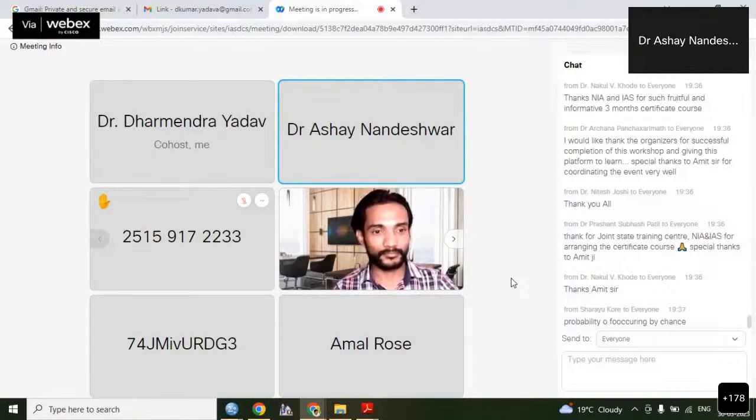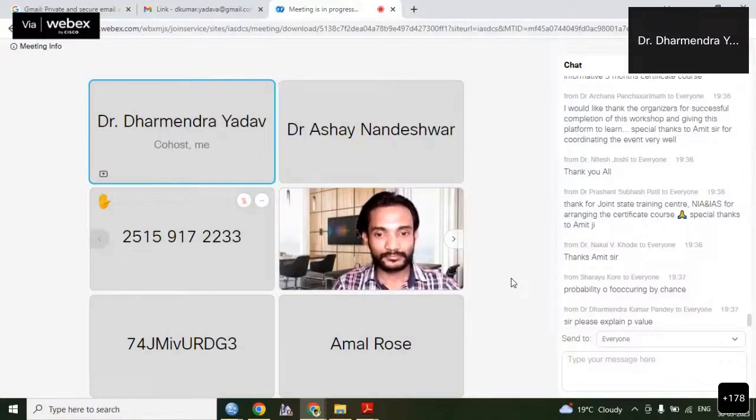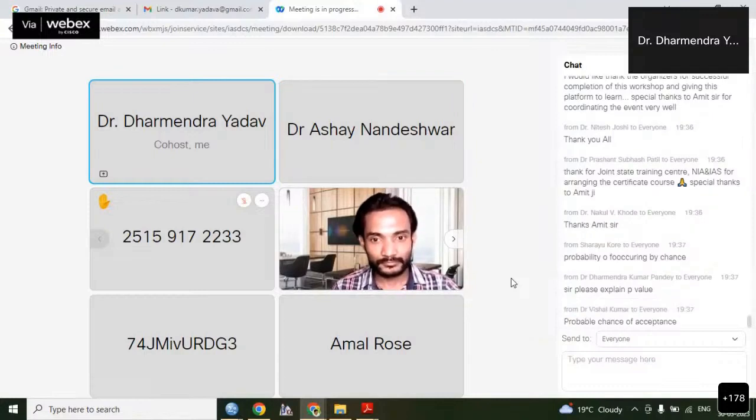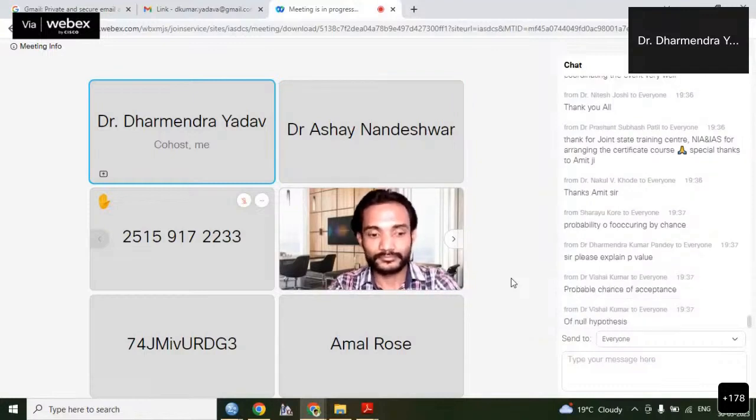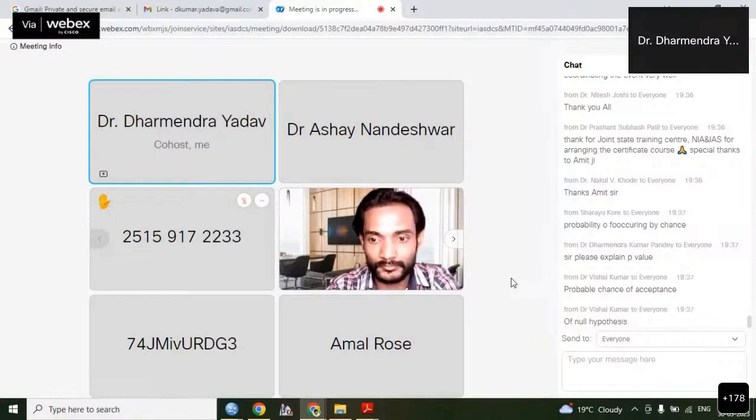The p-value is generally used for the probability value. P-value is nothing but a probability value. And the probability of what? Probability of accepting the null hypothesis under the assumption that it is true. If you are accepting the right thing, the probability of acceptance is denoted by p-value. The higher the p-value, the higher the chances of accepting the null hypothesis, because probability lies between 0 and 1.